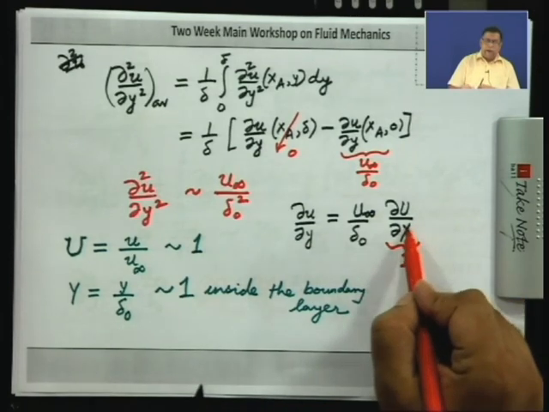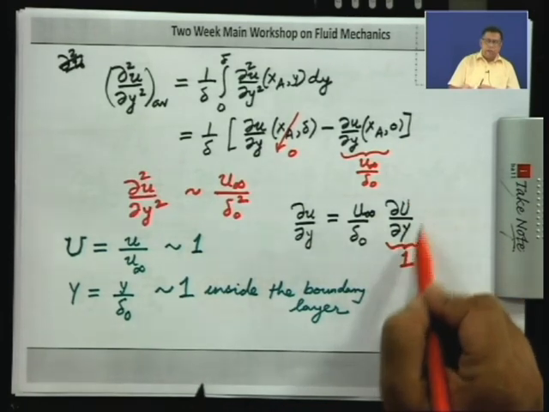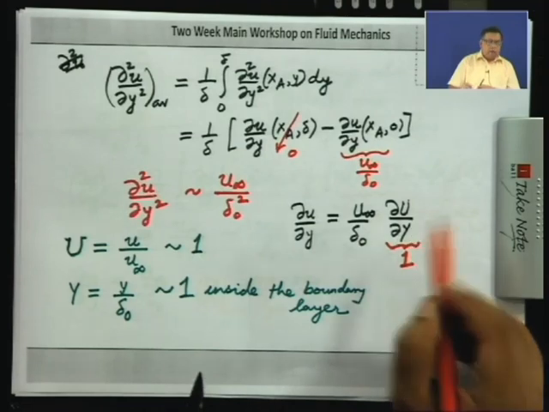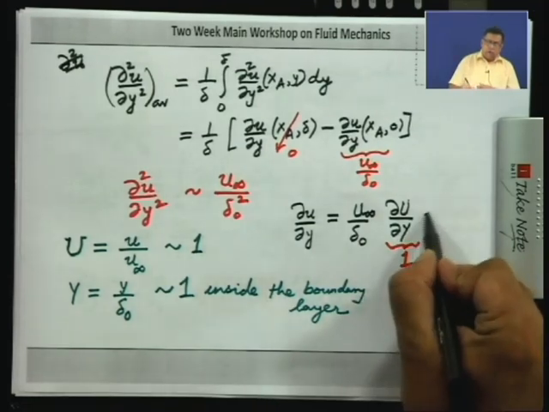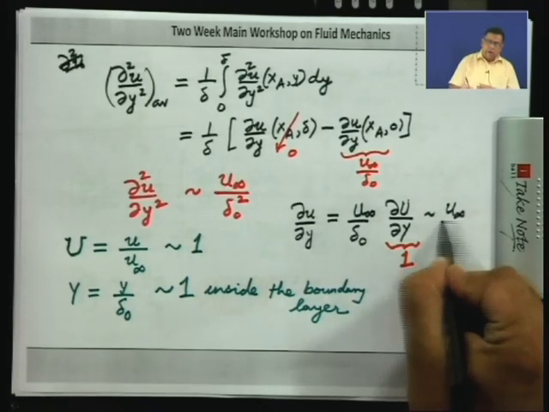So, when the coordinate and the function you are differentiating are both order 1, this will be order 1. So, this will be order of u infinity by delta naught.